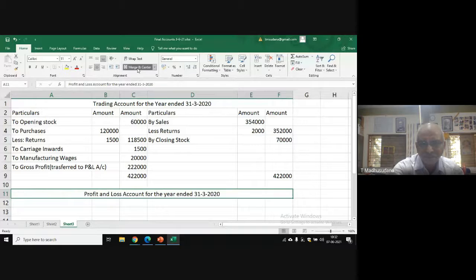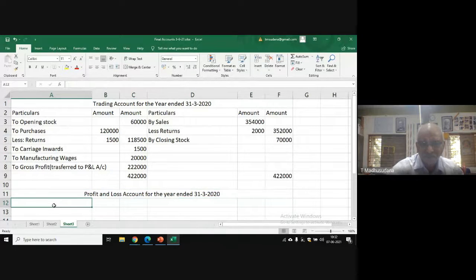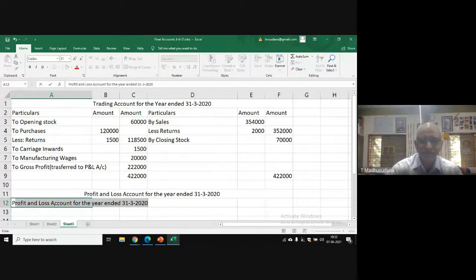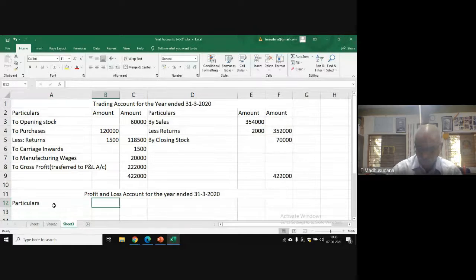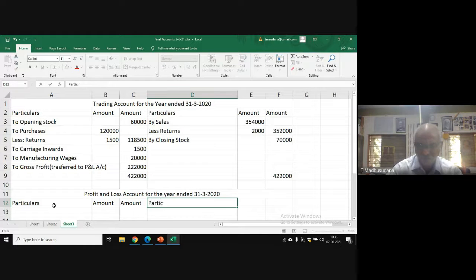Center it. Heading: particulars, amount, particulars, amount.